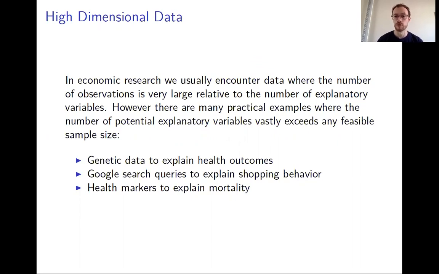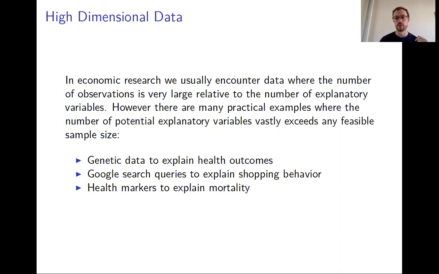So think about genetic data to explain health outcomes. There's way more genetic expressions or genes than you can ever create a reasonable sample. Also, if you're trying to, for example, classify shoppers by their Google search queries, there's all these possible combinations of words that people might Google, and these vastly outnumber the number of people that you can ever sample.